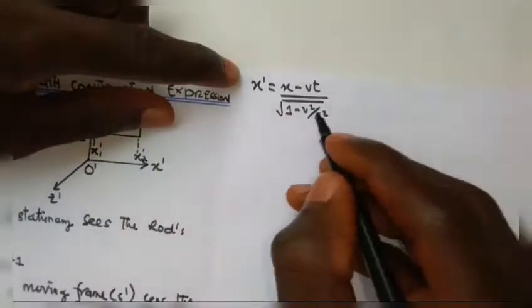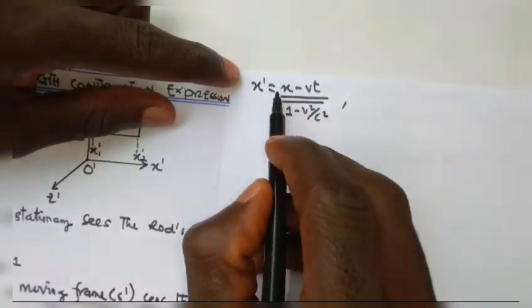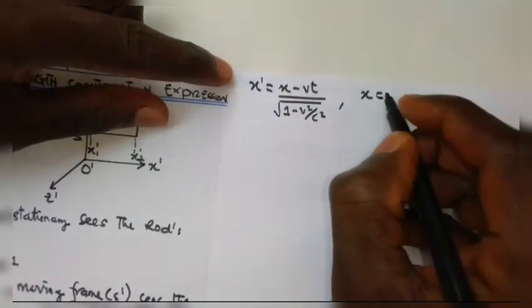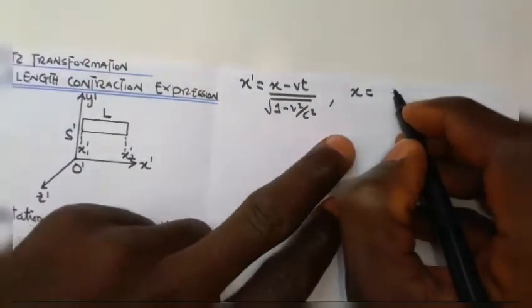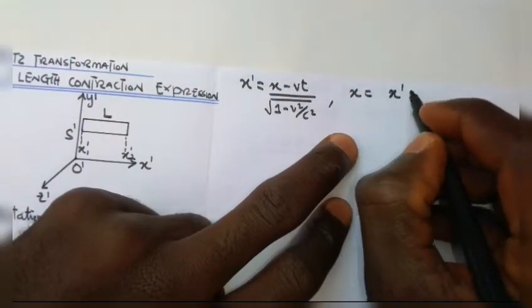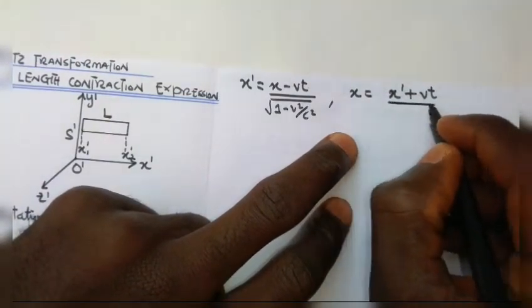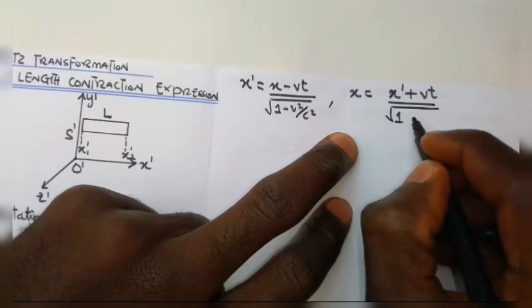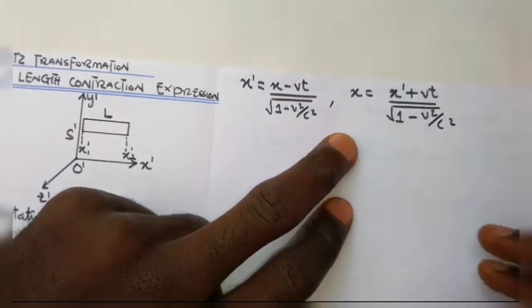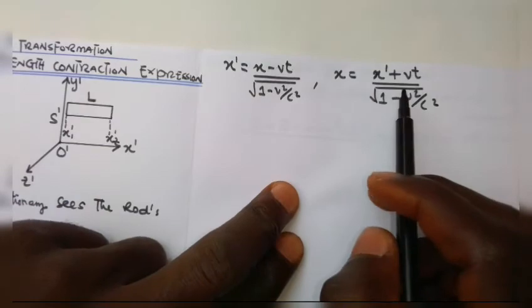Now if I make x the subject, that is now going to be x prime plus vt over the square root of 1 minus v squared over c squared. So that's what it's going to be.